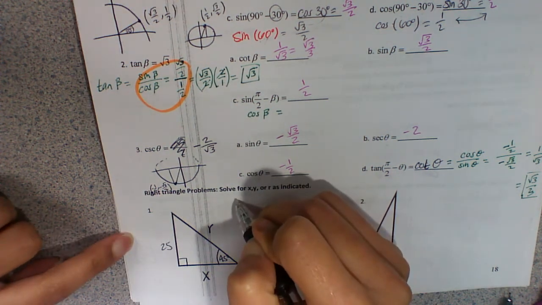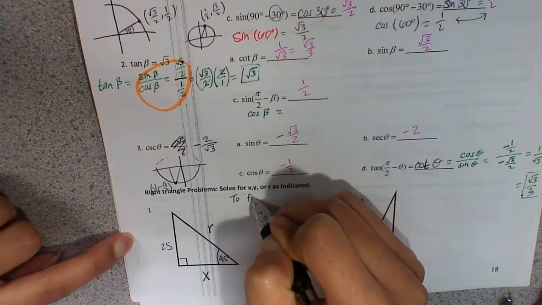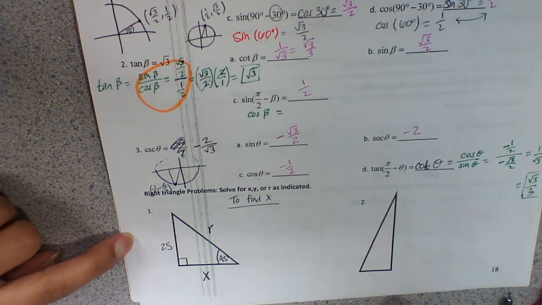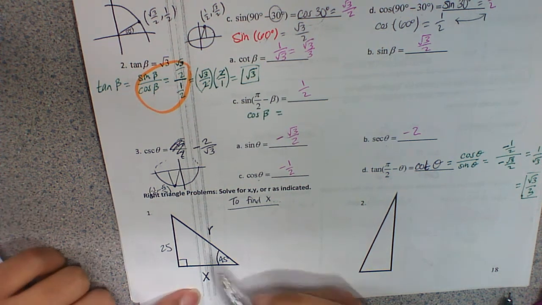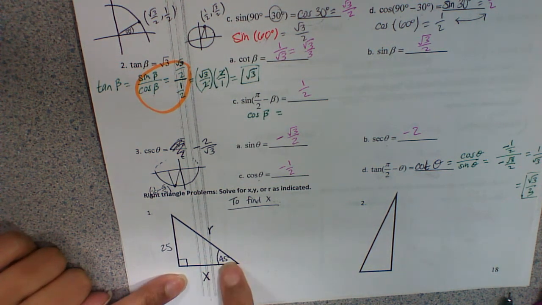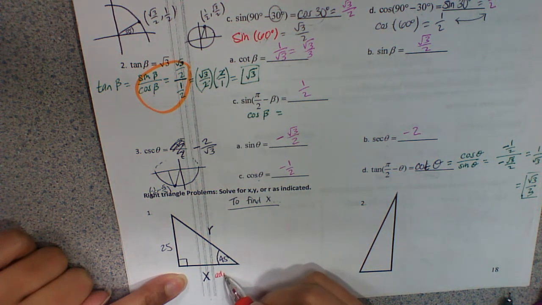So what we're going to do is two things actually. To find x, first of all, notice that x is the adjacent side to this 45-degree angle. So this is the adjacent side.